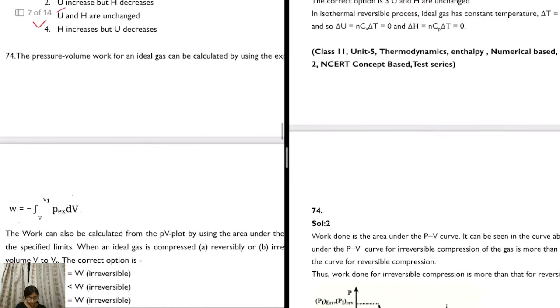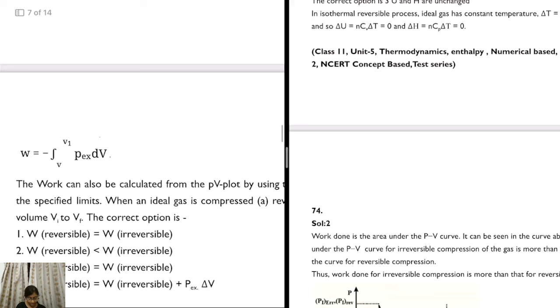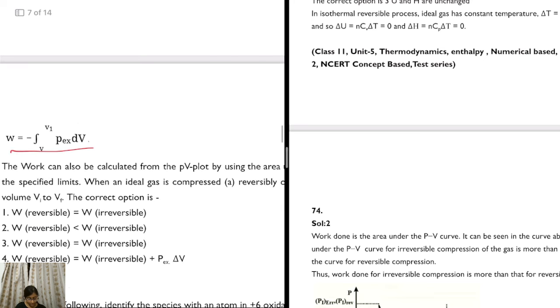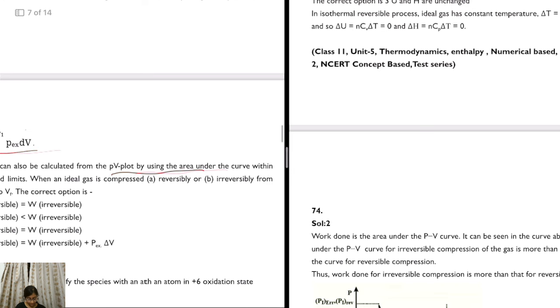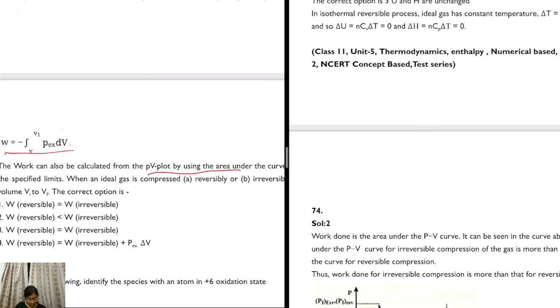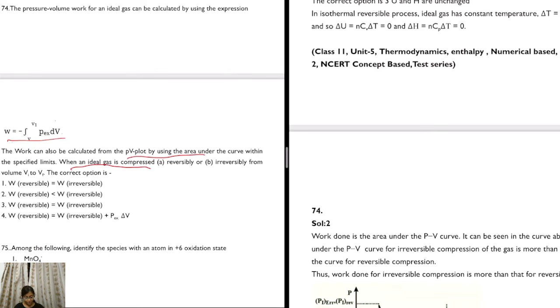The pressure volume work for an ideal gas can be calculated by using this expression, and work can also be calculated from the PV plot using area under the curve within the specified limits. When an ideal gas is compressed irreversibly from volume Vi to Vf, what is the correct option? What is asked? That if we reversibly or irreversibly compress, what would be the relation?